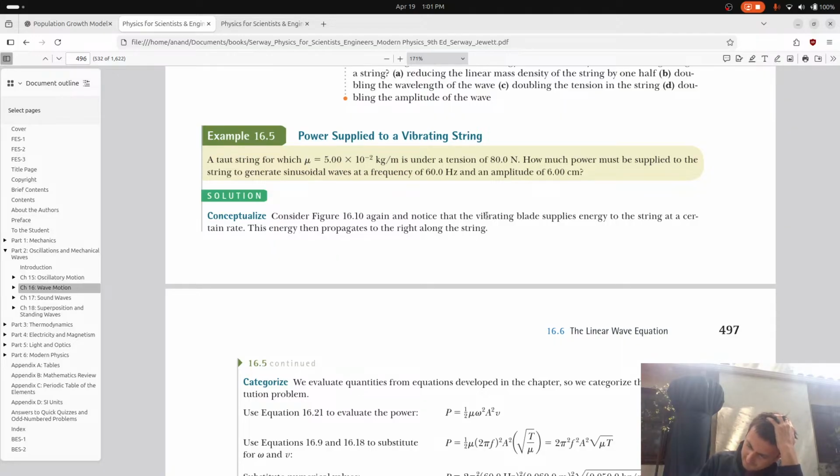So it's just going to be 60 lambda. So 1 over 60 times 80 over the square root of 5e minus 2 is equal to lambda.